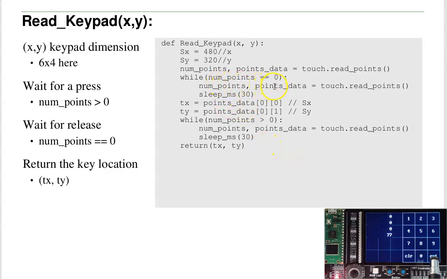So it's going to pull off just the first point, wait 30 milliseconds. What I want is I want to tap it, then release. I get a single read per tap. Pull out the XY location. Wait until I release. Then return the XY location. And this is scaled by the scaling X, scaling Y. So I get, for a 6x4 keypad, numbers 0 through 5, 0 through 3. Tells me which button I pushed.